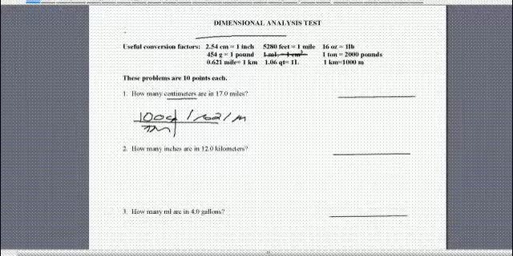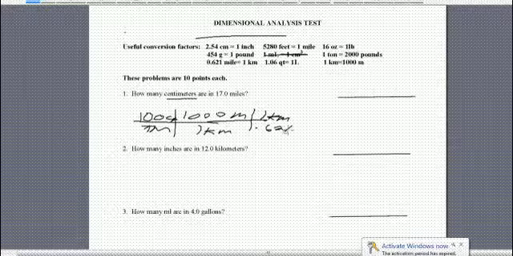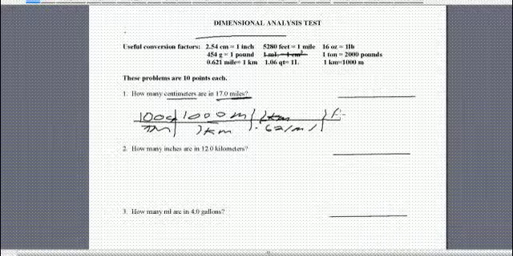Let's undo that for a second. I know there's 1,000 meters in a kilometer. I know that there's 1 kilometer and 0.621 miles. And I know towards the end is usually what I put, what they gave me, 17 miles.